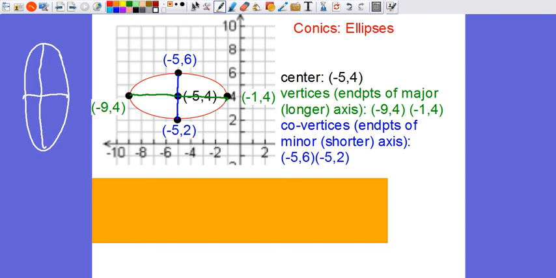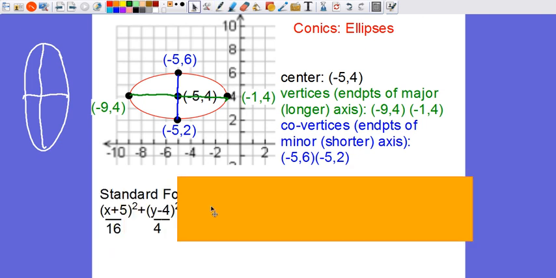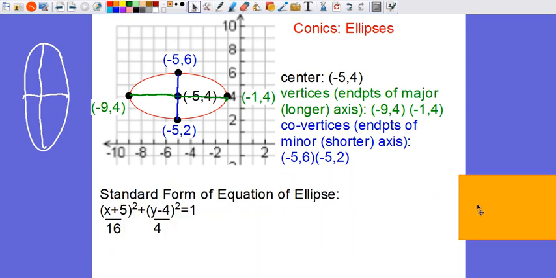All right, so what does this equation look like? It would look like that, because you have your center right here. Remember, these numbers right here in yellow should be the opposite of the actual center.